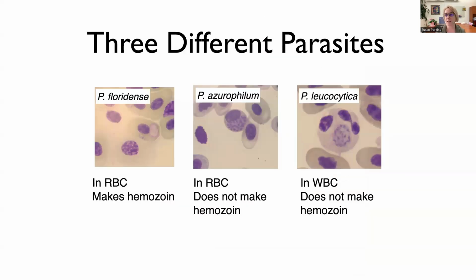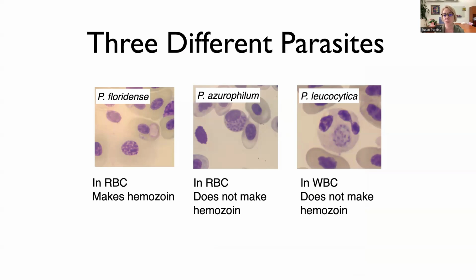So let's go back to Saba and those 3 parasites. We've got floridense, which we often say is a typical malaria parasite. It infects red blood cells and it makes hemozoin. We see hemozoin crystals in the parasite cells. Plasmodium azurophyllum is also in red blood cells, but we never see hemozoin crystals in those cells.